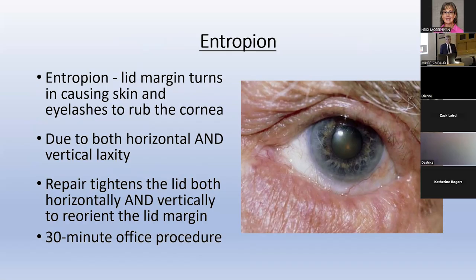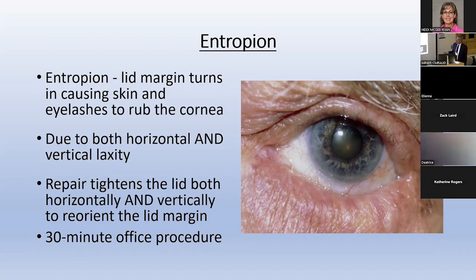It may not be there 100% of the time. So if the patient says, at different times during the day, my eye gets really irritated, because they don't always know what's going on, just ask them to squeeze their eyes shut a couple of times in front of you. If there's an entropion, bang, you're going to see that thing turn in. So, quickly just pull the lid down to flip it back out.